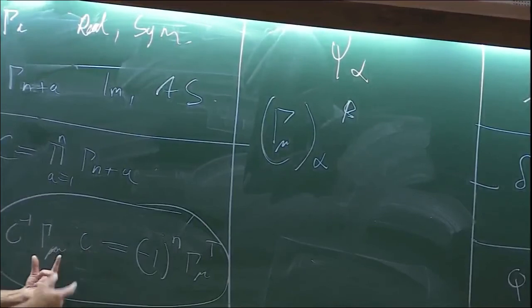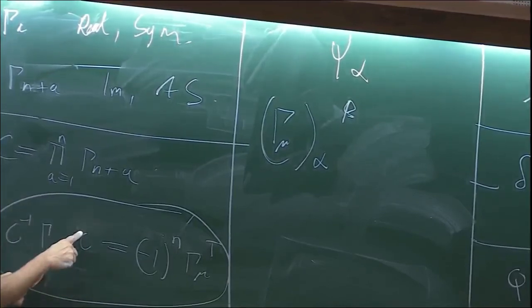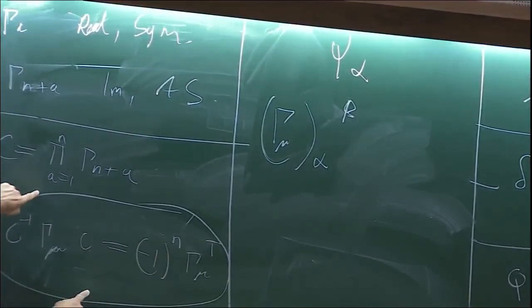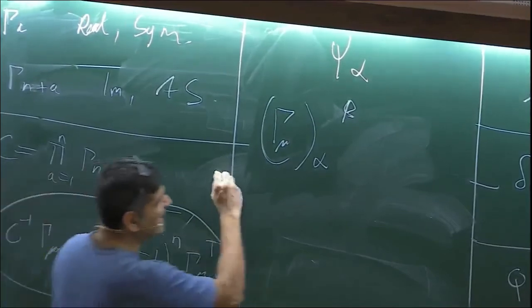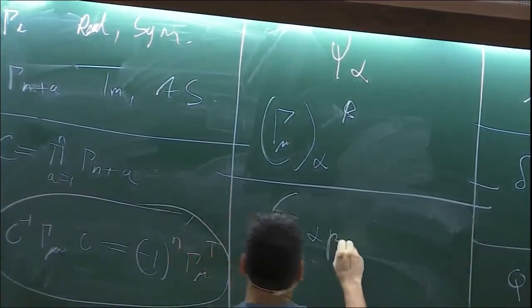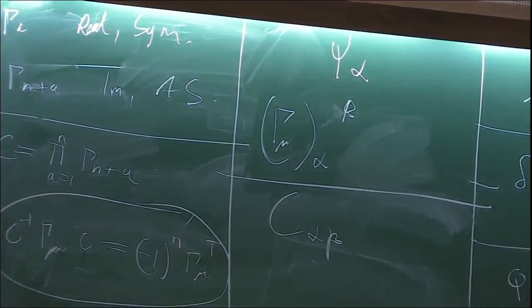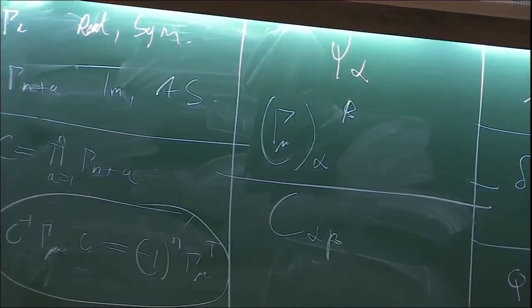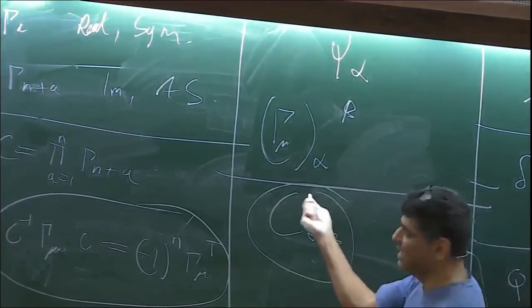So that the structure which was down up will match with this, which is up down. That tells you that the index structure of C should be C alpha beta. Two lower indices. I'll make the real statement of what this means in the next class, and then we'll proceed.